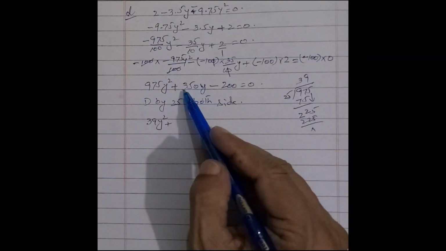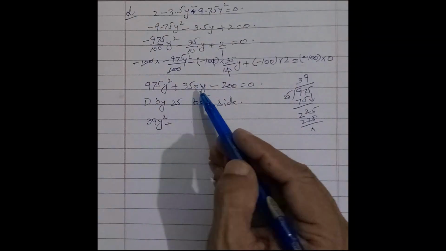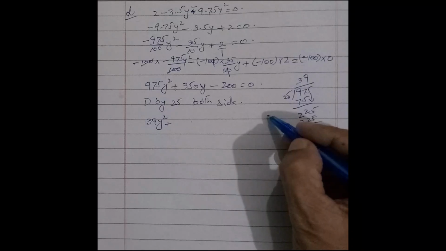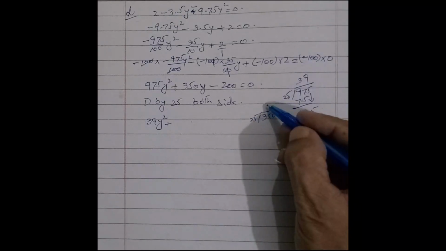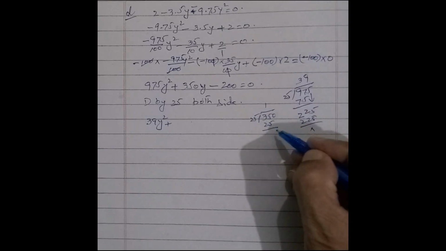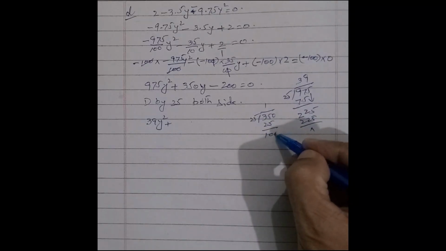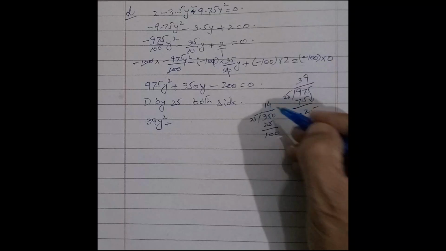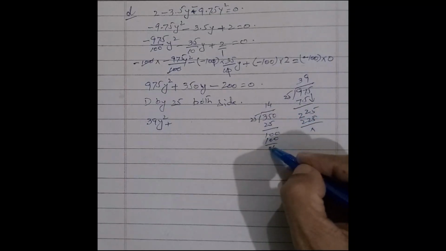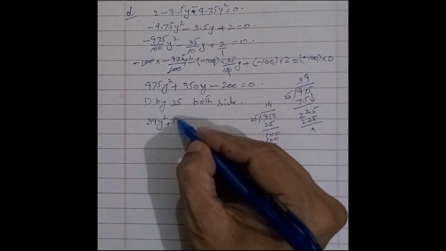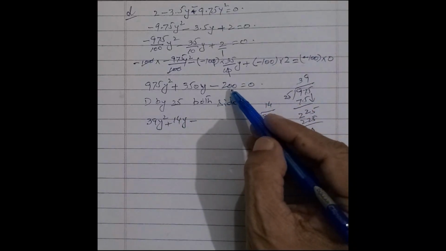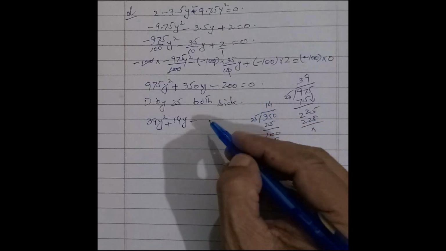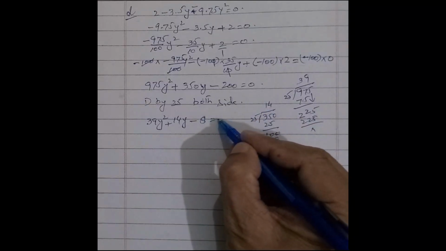When we divide 350 by 25, 25 ones are 25, then 25 fours are 100, so the answer is 14y. Minus, when we divide 200 by 25 we get 8, is equal to 0.